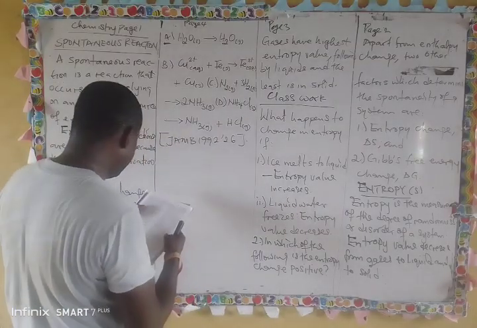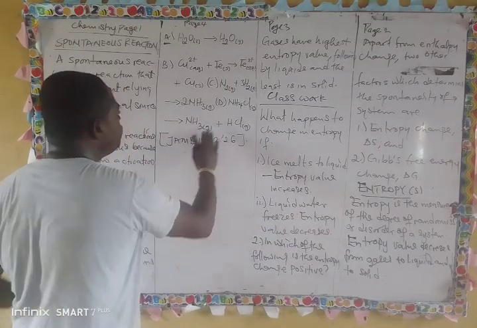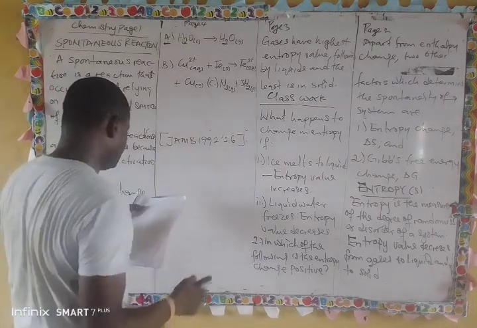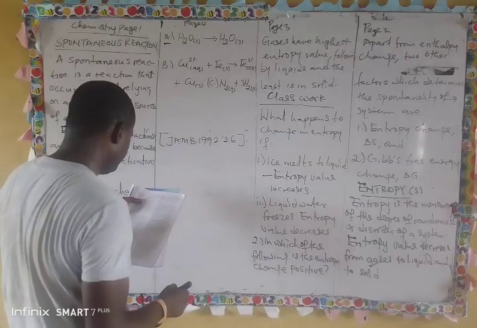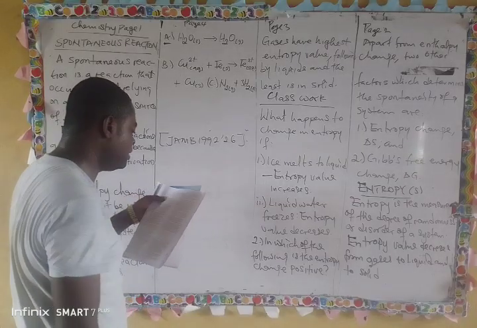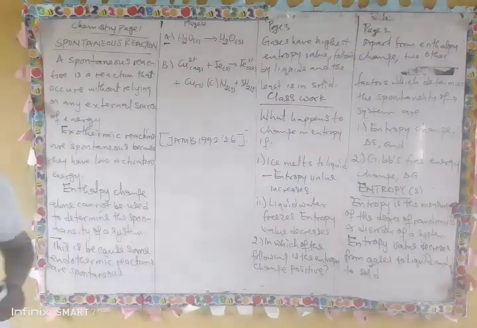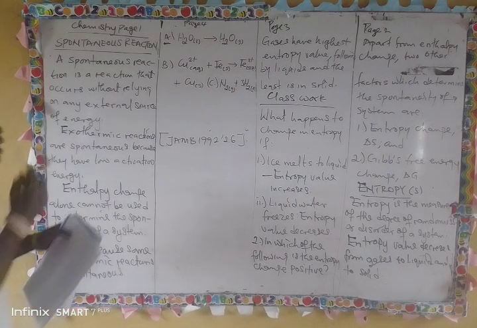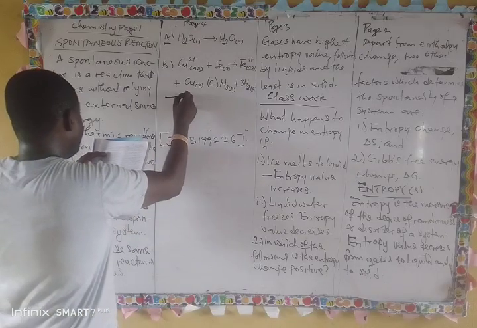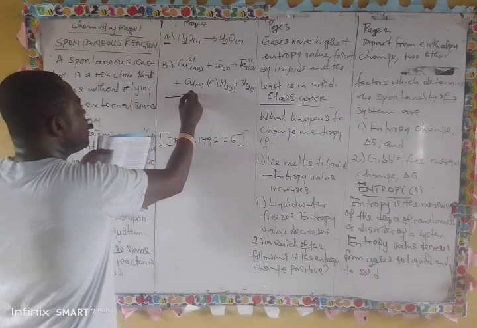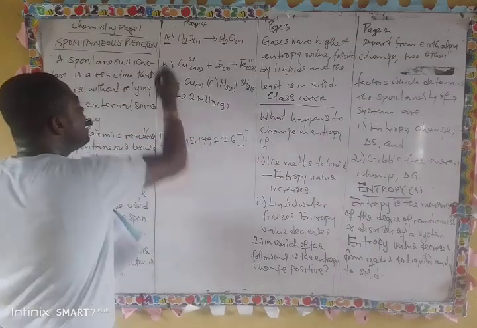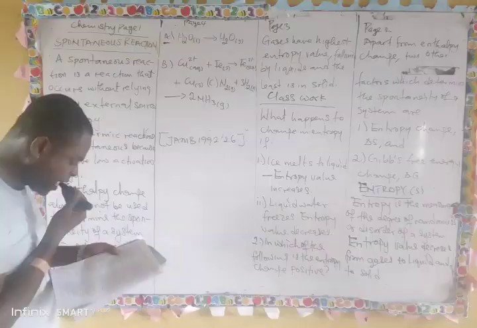But the reactant they gave me here is totally different. So let me totally remove option D. What they wrote there is not possible. They put 2HCl solid. Can HCl be solid? You clean C, I clean D. See now. So the answer is A.